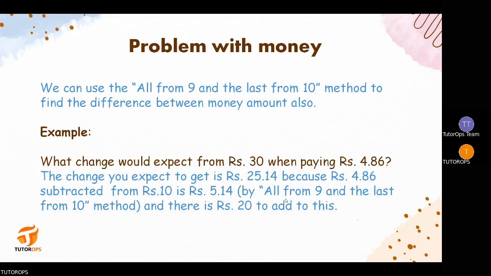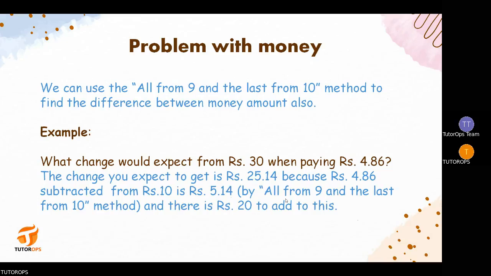First, when we are doing a problem with money, the basic result is 100 paisa is equal to 1 rupee. So we will just use the basic result and adjoin it with a Vedic method of subtraction.